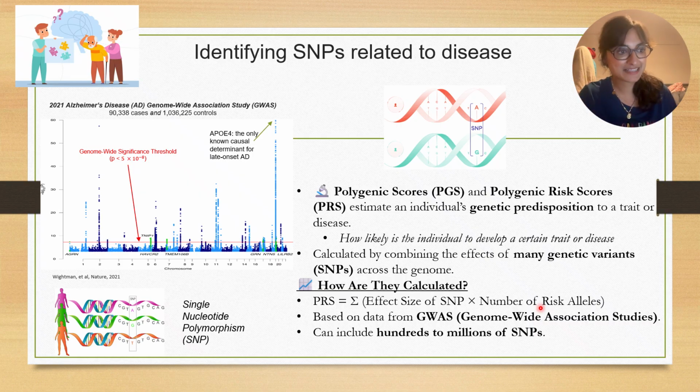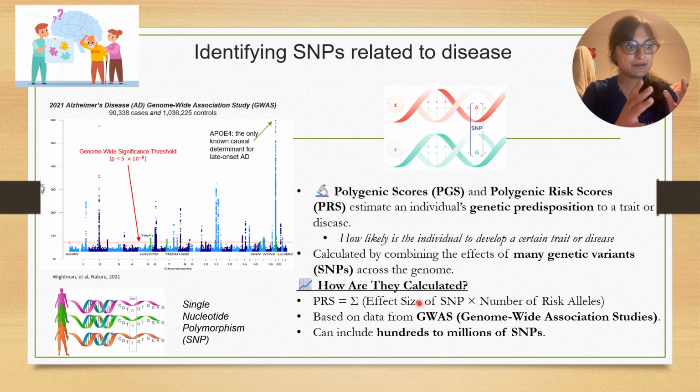I will show you an example, but this is based on data from the GWAS, genome-wide association study, and it can include hundreds to millions of SNPs. I'll show you a very toy example, but that's real, with just 21 genetic variants. You basically take, for a given individual, the effect size of each SNP times how many risk alleles the individual has for that SNP.